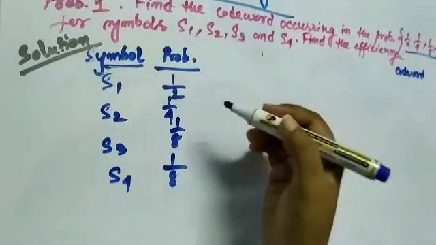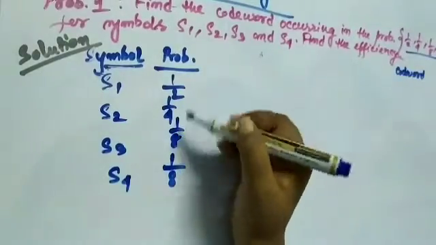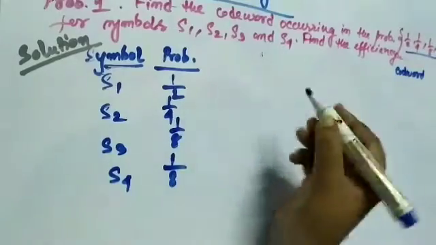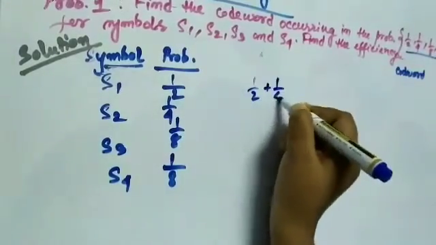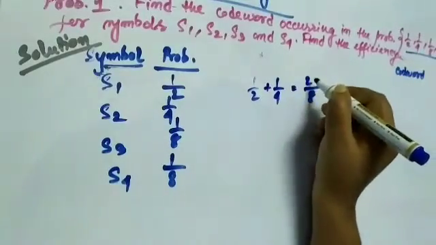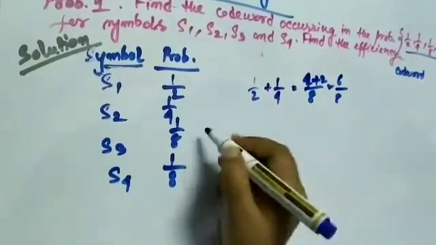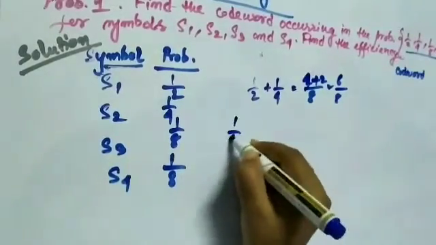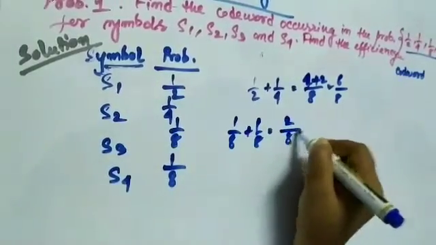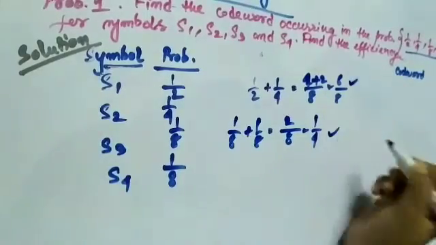If we add these two, 1 by 2 plus 1 by 4, it will be 4 plus 2, that means 6 by 8. And this, 1 by 8 plus 1 by 8, that means 2 by 8 or 1 by 4. One is 6 by 8 and another is 1 by 4.